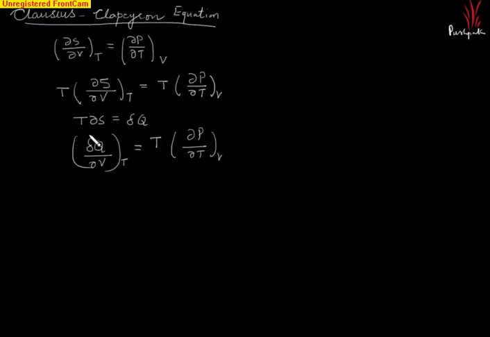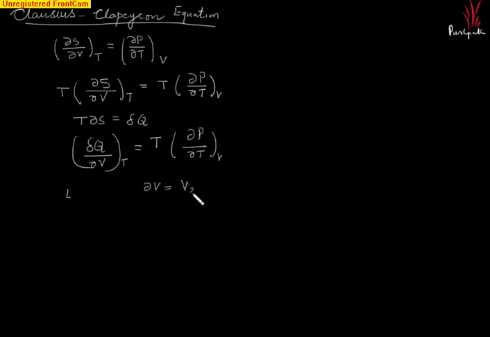where delta Q is the change in heat and delta V is the change in volume, and this total quantity gives the amount of heat absorbed or rejected per unit change in volume at constant temperature, and it is also called latent heat and denoted by capital L. And also delta V may be written as change in volume.